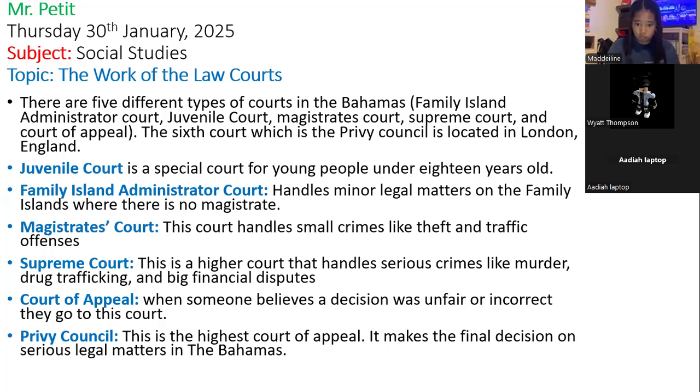When someone believes a decision is unfair or incorrect, they go to this court. Privy Council. This is the highest court of appeal. It makes the final decision on serious legal matters in the Bahamas. Very good.